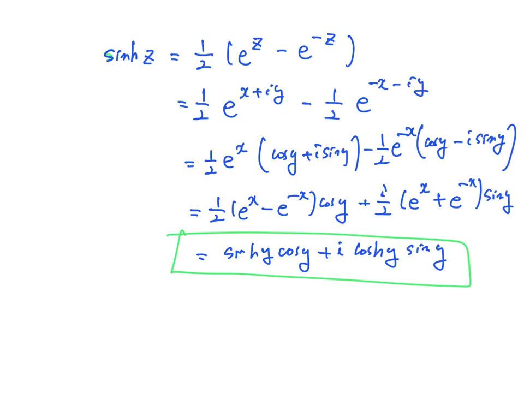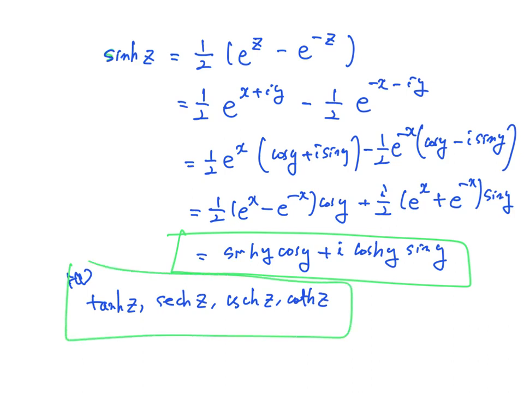So I'll give you homework: tangent hyperbolic z, secant hyperbolic z, cosecant hyperbolic z, cotangent hyperbolic z as homework 2. So I have how many? 1, 2, 3, 4, 7.